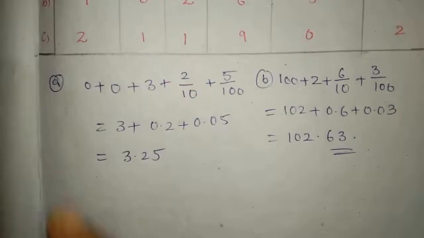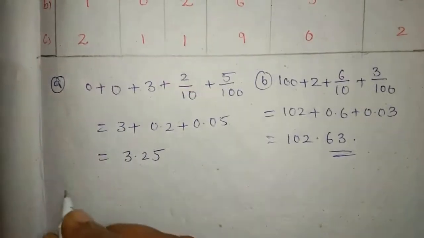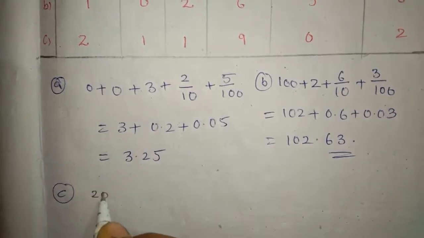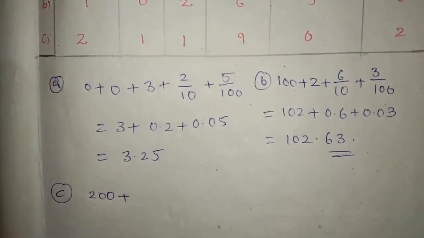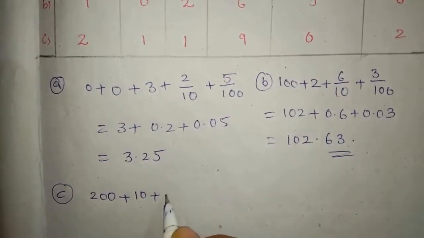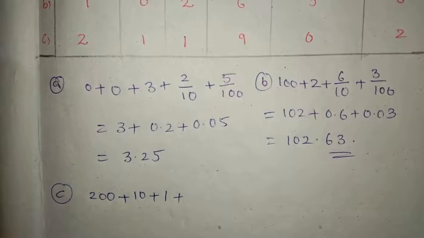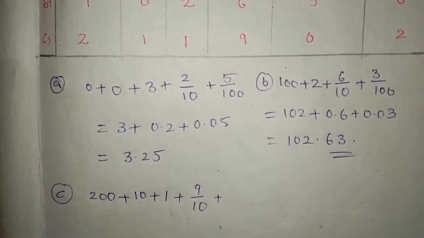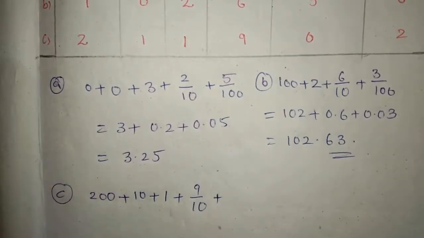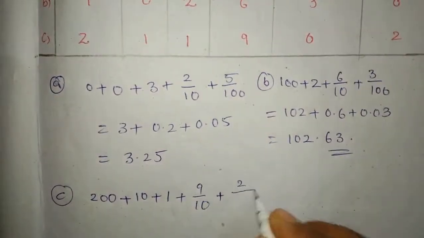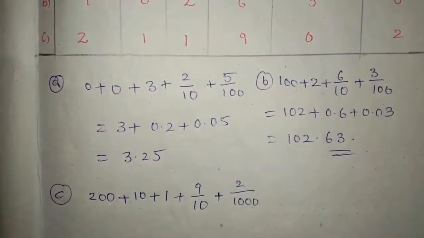Okay. Now we will see the C. That is hundreds place is 2, that is equal to 200, plus tens place is 1, that is equal to 10, plus ones place is 1, plus tenths place is 9, that is equal to 9/10. Hundredths place is 0. Next, thousandths place is 2, that is equal to 2 by 1000.